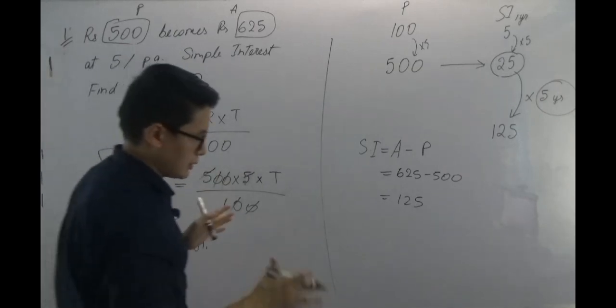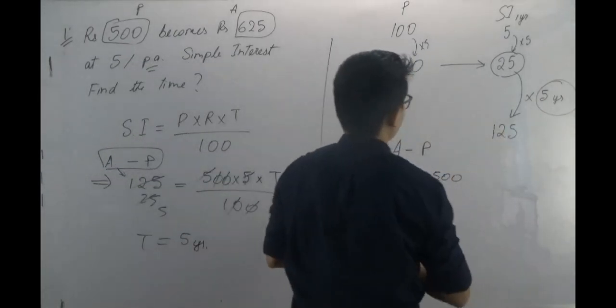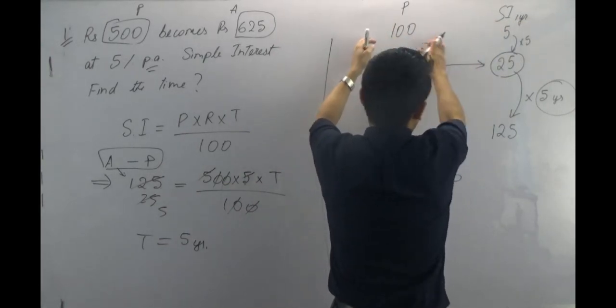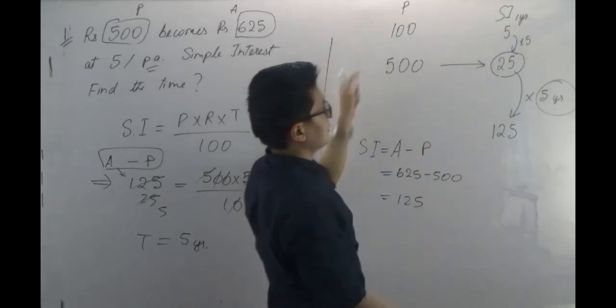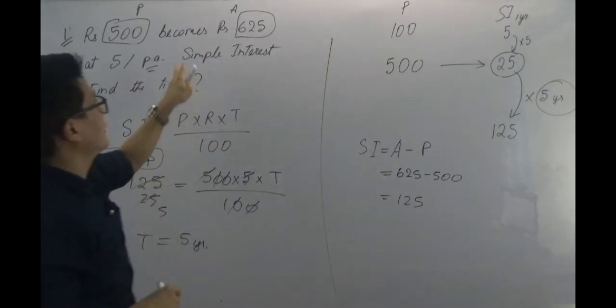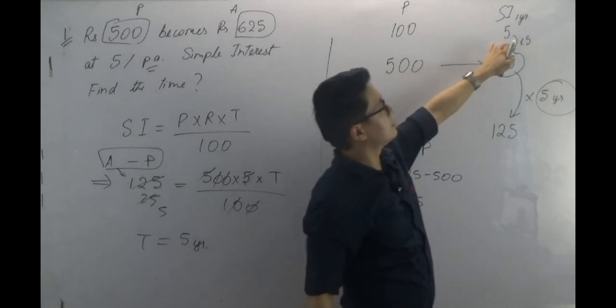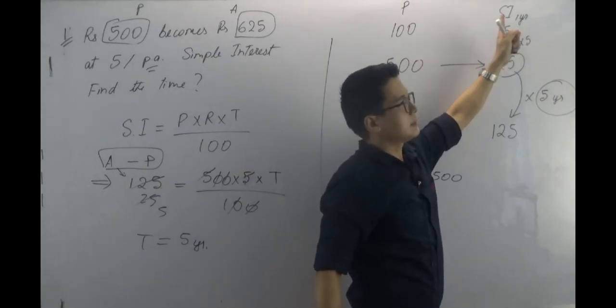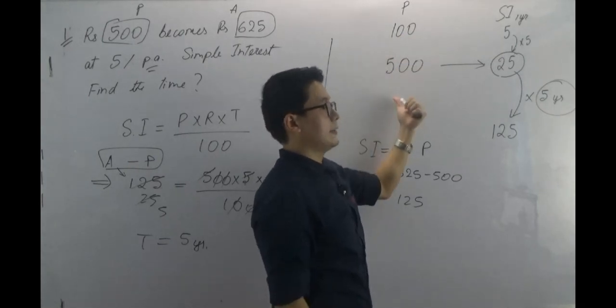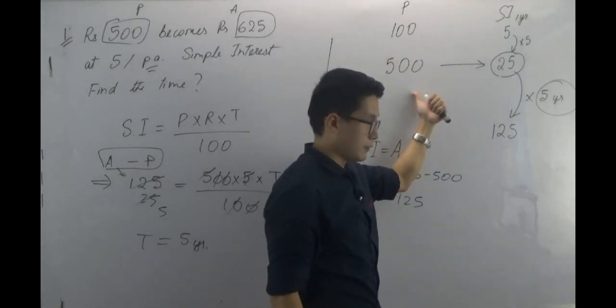Can you see what we are doing here? See the understanding, the first line. The first line is the rate of interest of 5%, which means the interest is rupees 5 on a principal of rupees 100. But the actual principal is rupees 500.